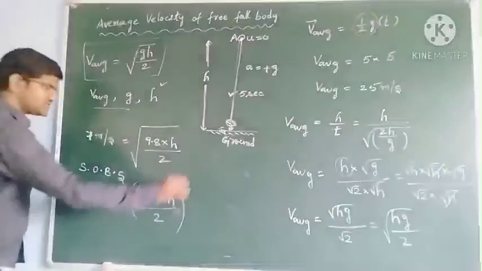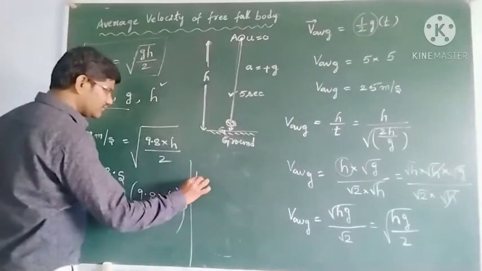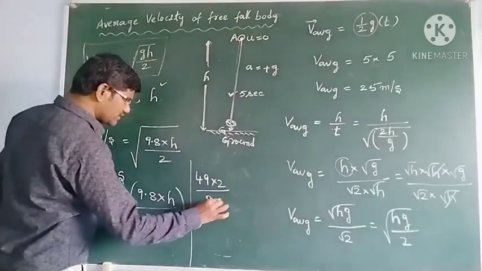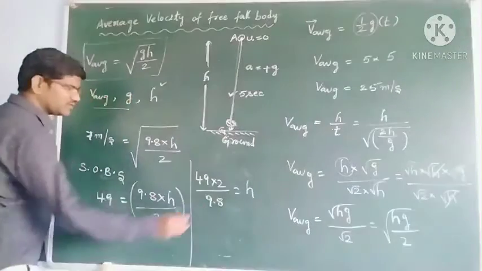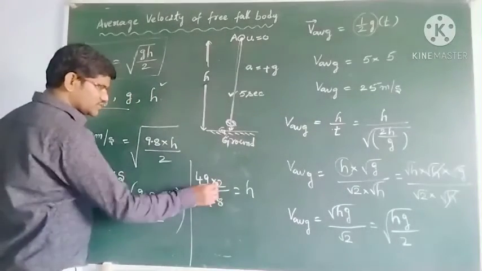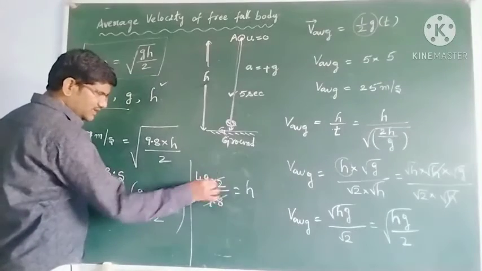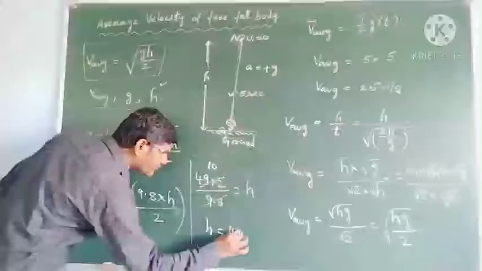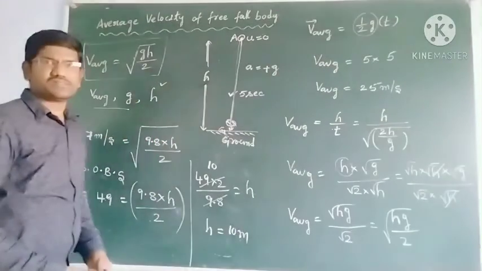Then 2 into 49, so 49 into 2 by 9.8 is equal to h. 49 into 2 is 98, and 98 by 9.8 means it has fallen from a height of 10 meters. It must have fallen from a height of 10 meters.